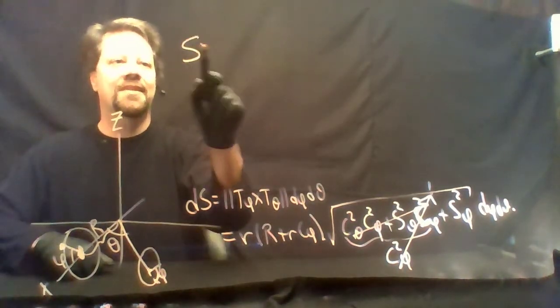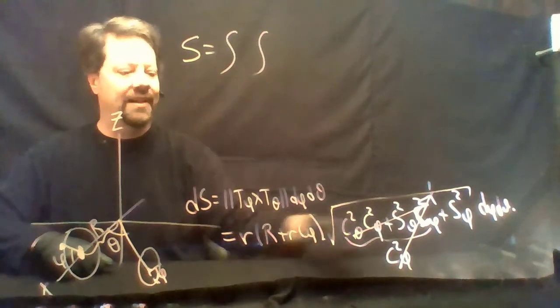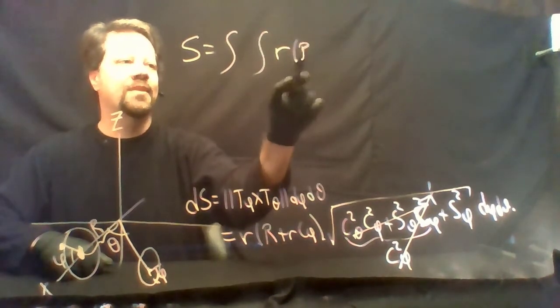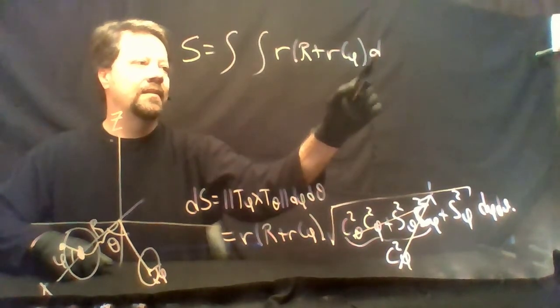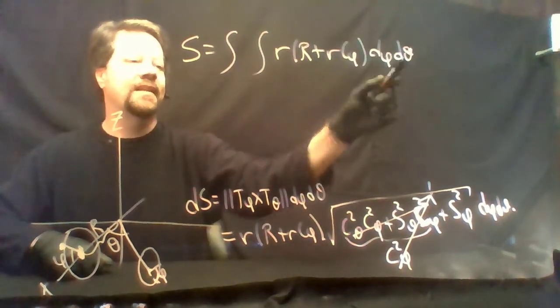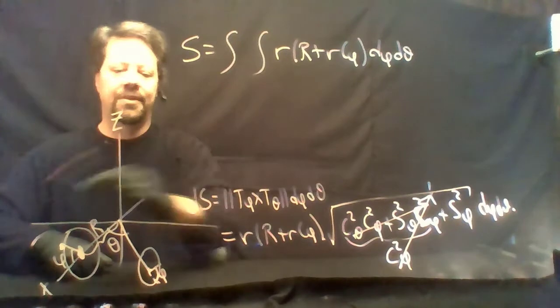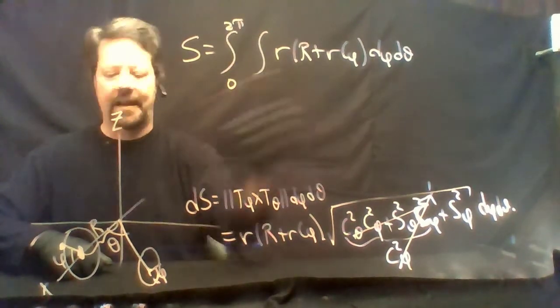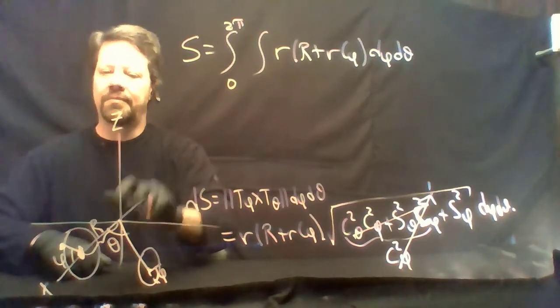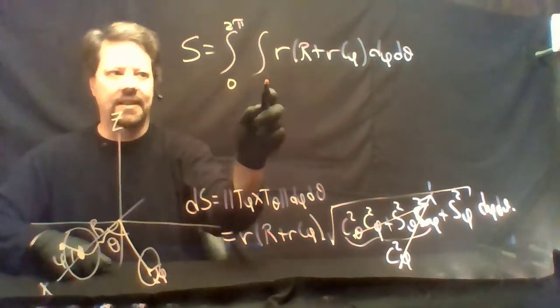The surface area then will be calculated by integrating the surface element, r times big R plus r cosine phi, d phi, d theta. Theta will go from 0 to 2 pi, and phi goes from 0 to 2 pi as well this time.